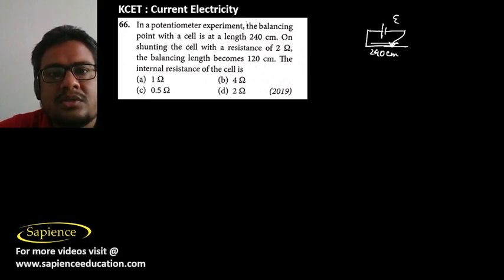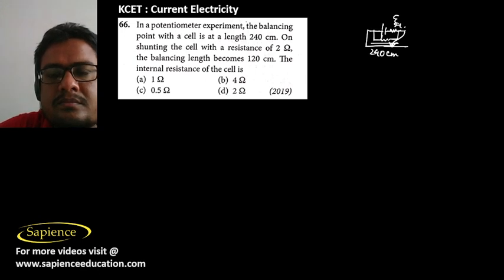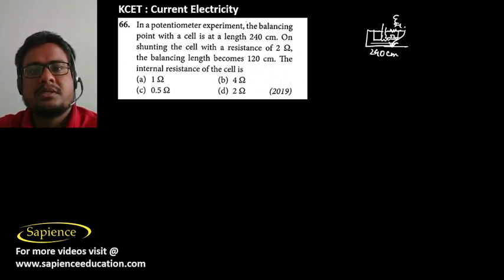On shunting the cell with a resistance of 2 ohm, the balancing length becomes 120 centimeter. Here the cell has internal resistance R. The internal resistance of the cell is asked.